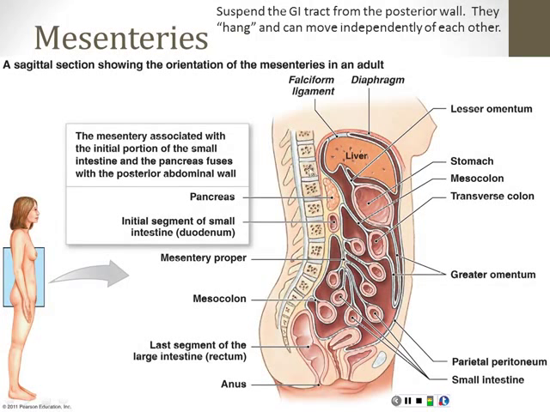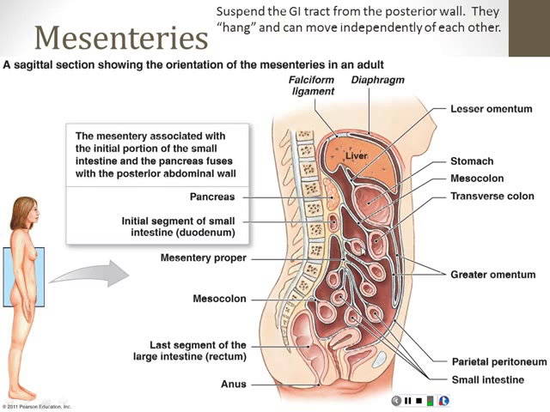And you could jumble up the garden hose and hang it from the wall of the garage or from the wall of the outside, right? It would sort of dangle like that. Well, essentially, that is how the digestive tract is supported in the abdomen. It isn't firmly attached to the wall. Instead, it kind of hangs from the back wall.